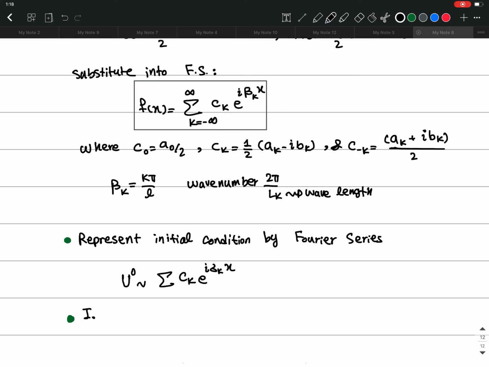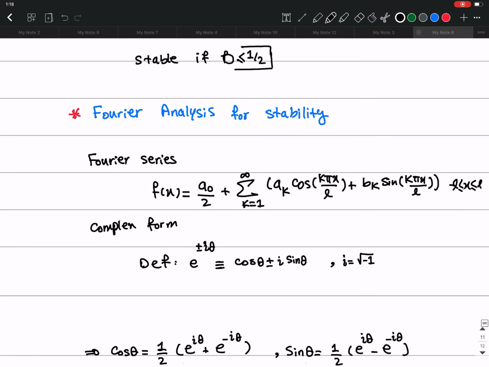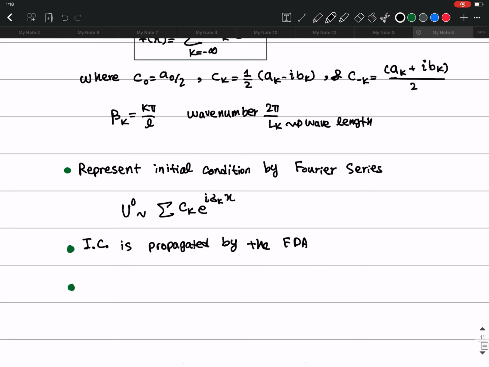And then the initial condition is propagated by the finite difference approximation, or FDA. We are going to propagate it in time by using these finite difference approximations, and we want to investigate its stability, right? So this is again to assess the stability of these finite difference discretizations, okay?